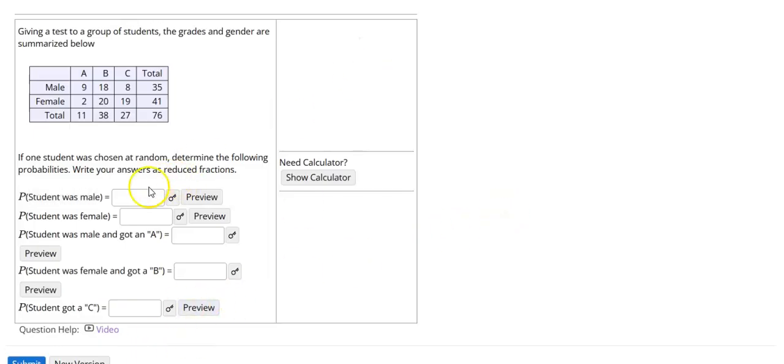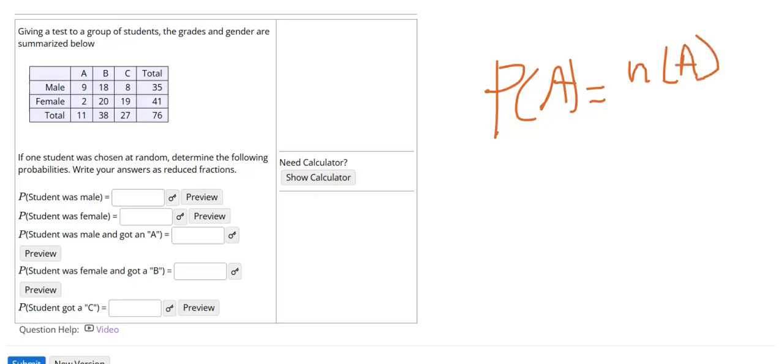So here is a formula. I should write the formula as well. Probability of any event A equals the number of A, written N of A, divided by the number in total.